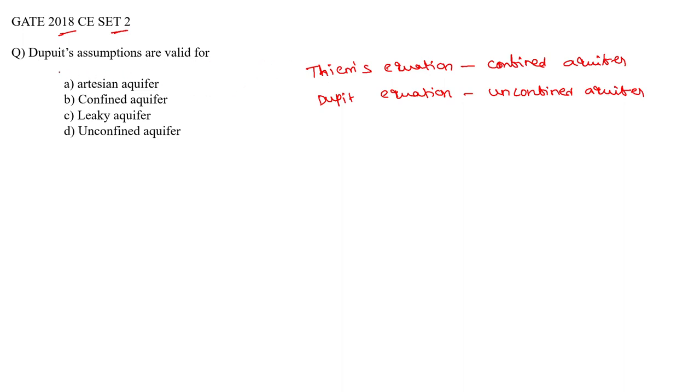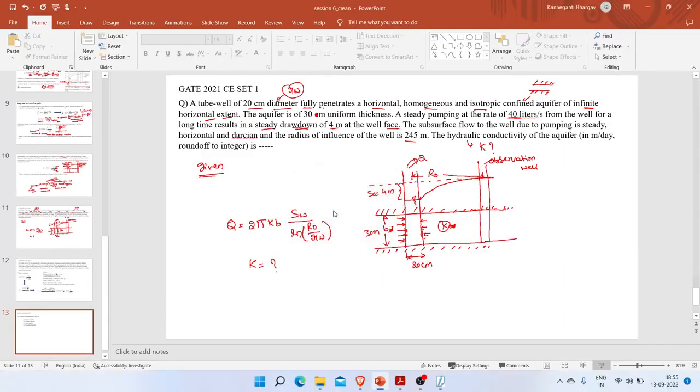Here is one more question from GATE 2018. Just remember, the Dupuit equation is for the unconfined aquifer and the Thiem equation is for the confined aquifer.